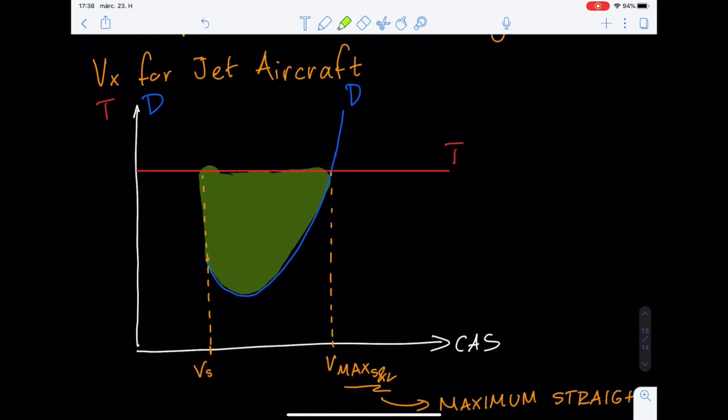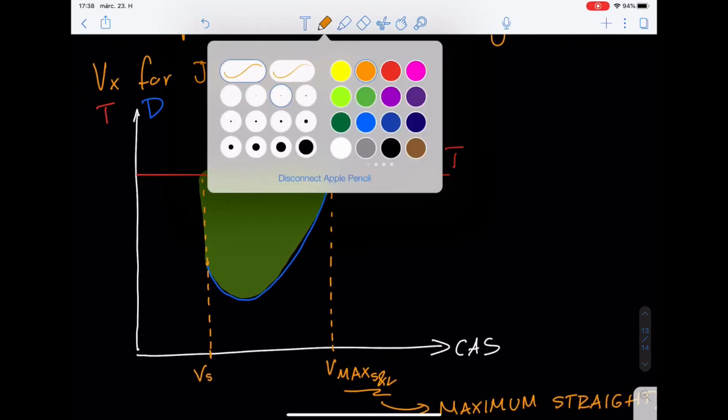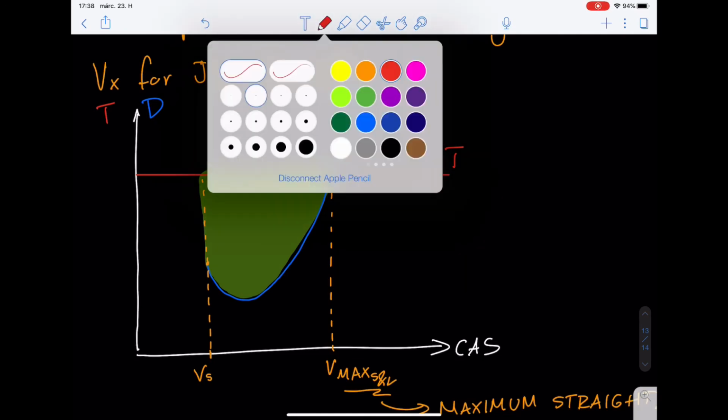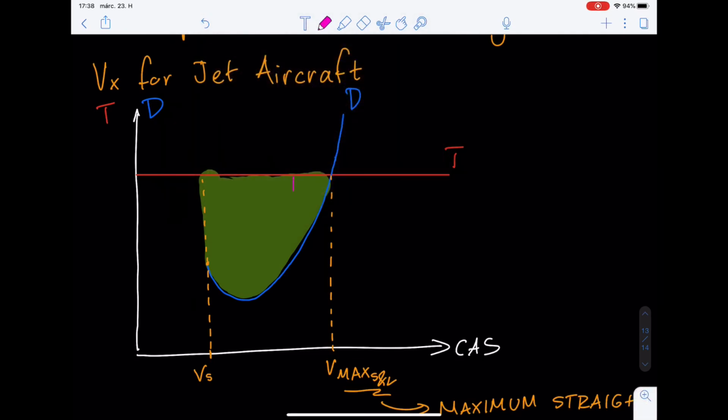What you have in this area at any given speed is the thrust at the top side minus the drag at the lower side. If I look at this speed right here, I have the thrust at the highest point minus the drag, so this is the resultant.